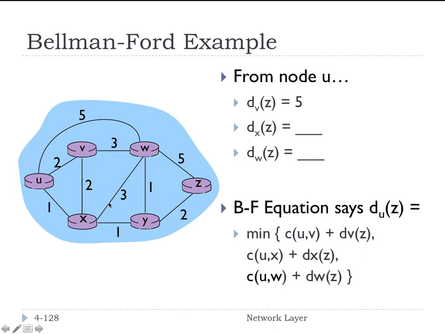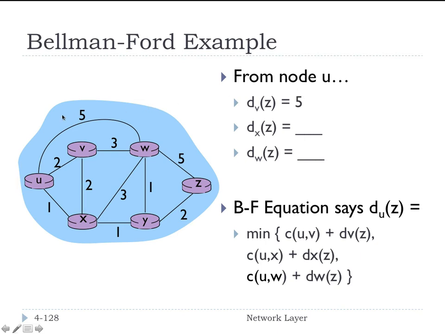And from w to z is 5 or 3 or 6. So 3 is our best for that too, through y. For these three neighbors of u, which are v, w, and x, these are the best cost paths of those neighbors. So we're assuming some information that the algorithm wouldn't have, which is that we could figure out what the best cost path is for these neighbors.